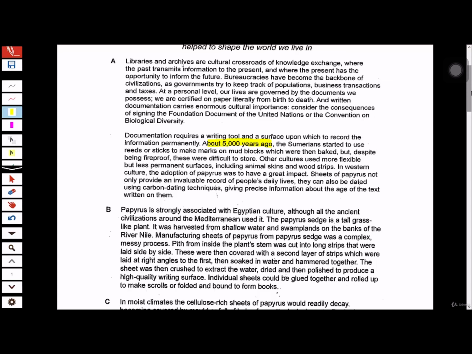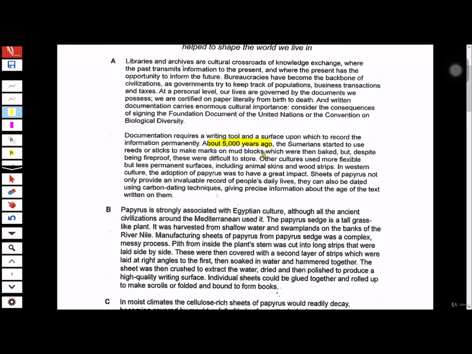Also, we always have to be aware that many times when they use really exact language, like here, 5,000 years ago, whenever they're using those exact words or exact numbers, we can pretty much assume that it could easily be a trap. What ends up happening is that students will read more than what's necessary.